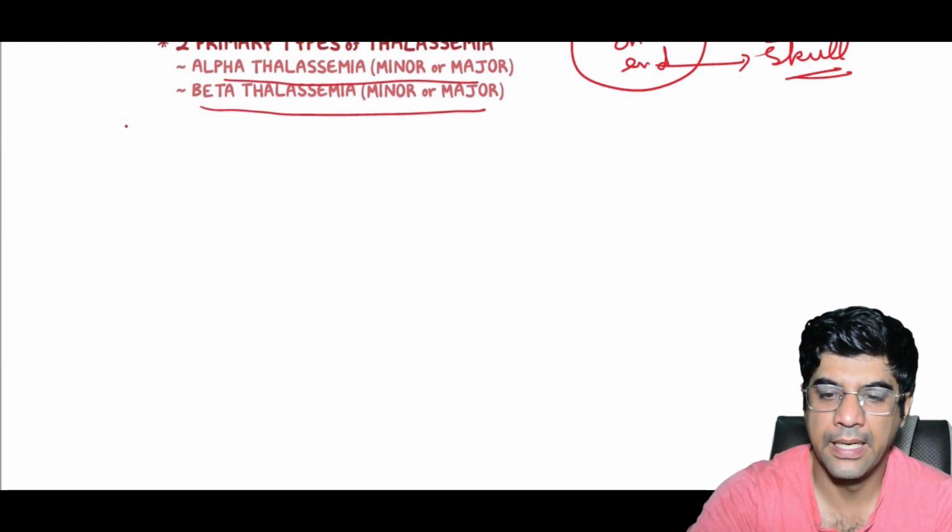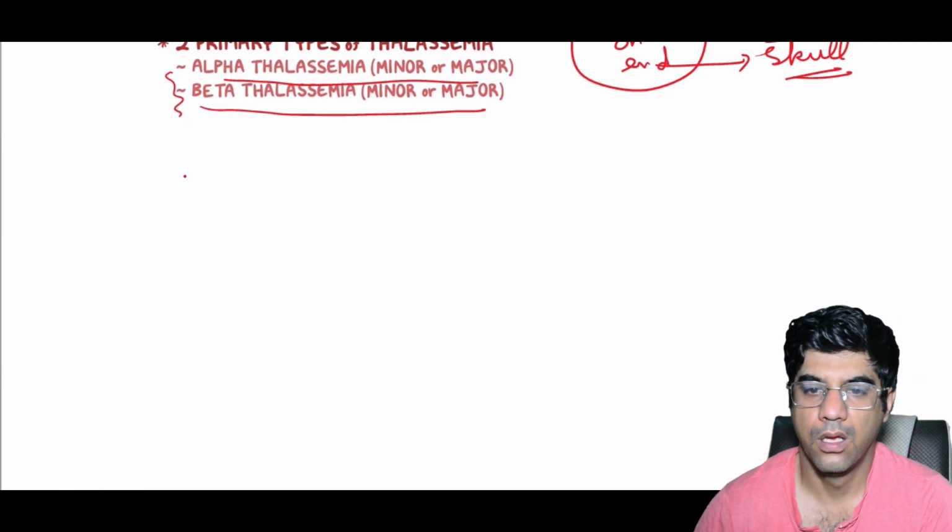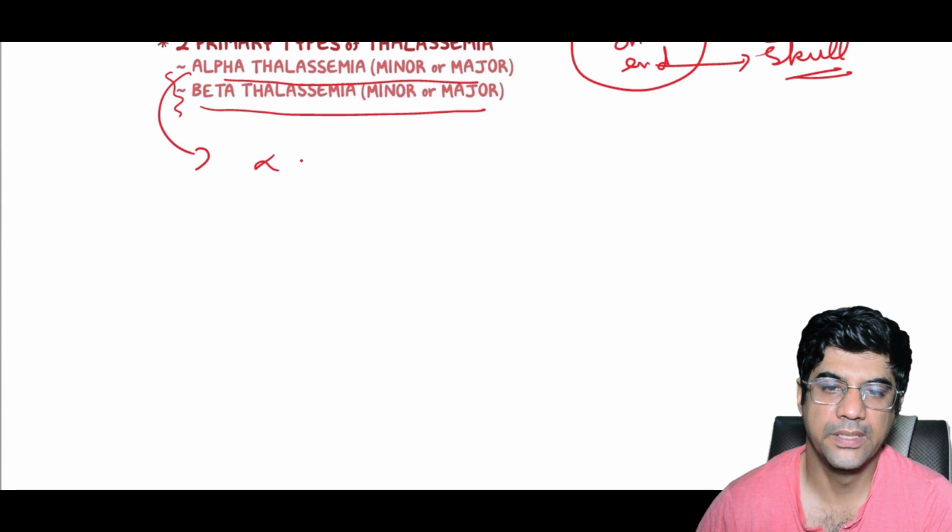Alpha thalassemia results from the deletion of one or more of the 4 alpha globin chain genes.